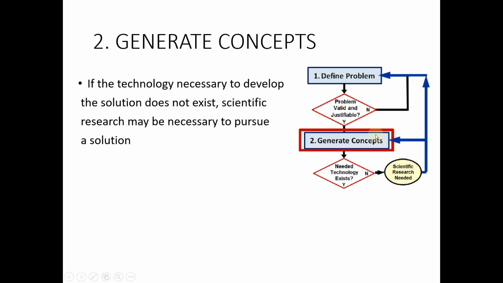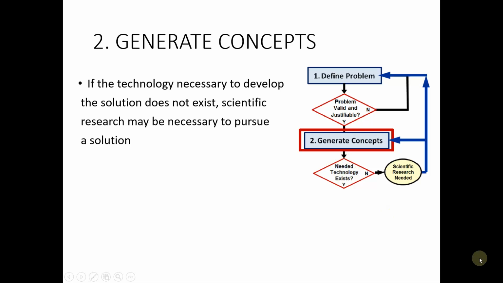So after we are done with generating the concepts, again we need to check whether the particular technology exists for doing the process. So for generating a solution for the problem, is a technology available?